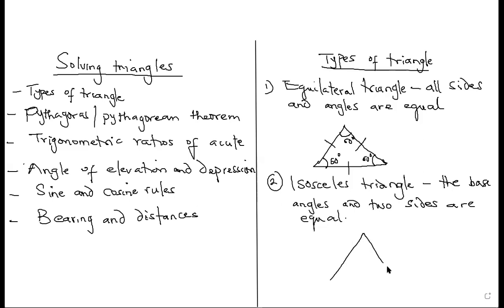How do you identify that? You have something like that, and you have these two sides equal. By implication, if these two sides are equal, these two angles, which are the base angles, the angles resting on the base of the triangle, must be the same. So if this is x, this has to be x degrees as well. So that's isosceles. Two sides are equal, and by implication, the base angles will be equal.